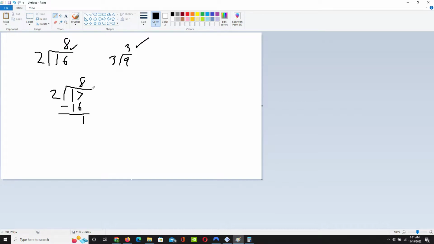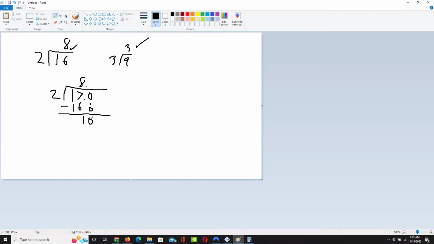Now, we want the calculator answer. The calculator answer will give us a decimal, and that's what we're going to be aiming for. So the steps that we have to do are: add a decimal in the dividend next to 17, add a decimal to the 8, lined up perfectly. We add a 0 to 17, and we drop it down.